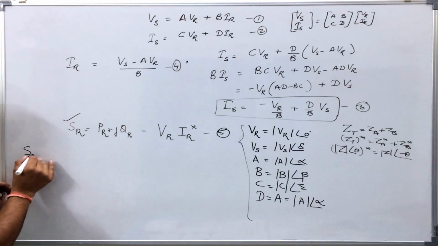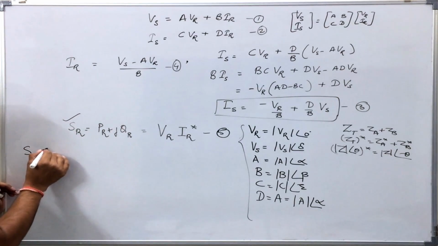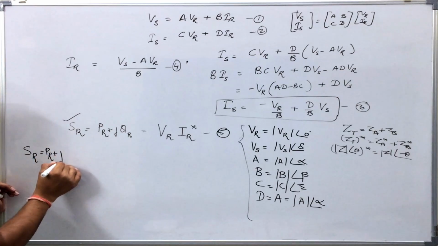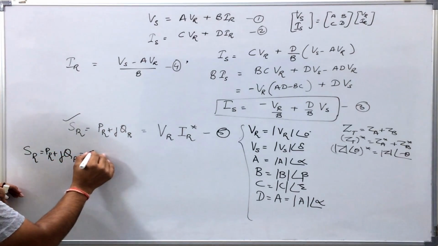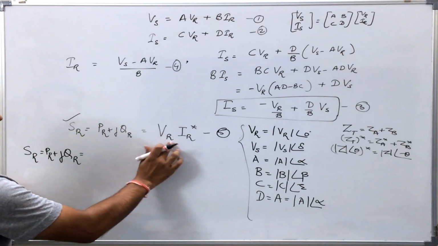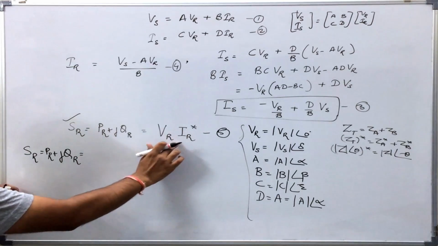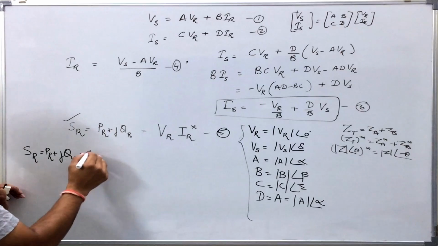So I will write SR is equal to PR plus j QR, which equals VR multiplied by the conjugate of IR in equation 4.